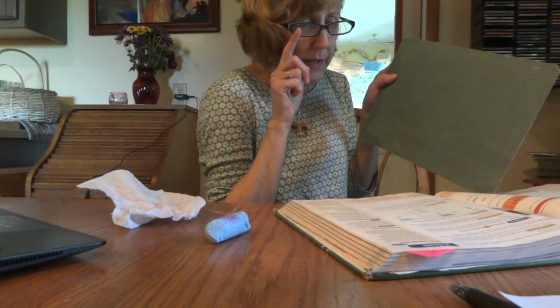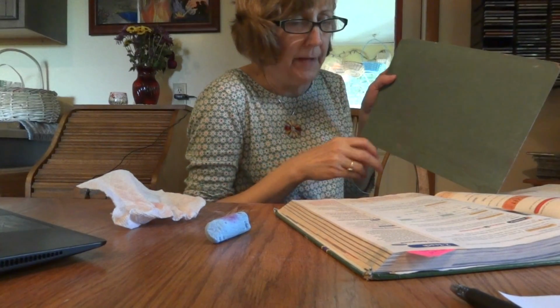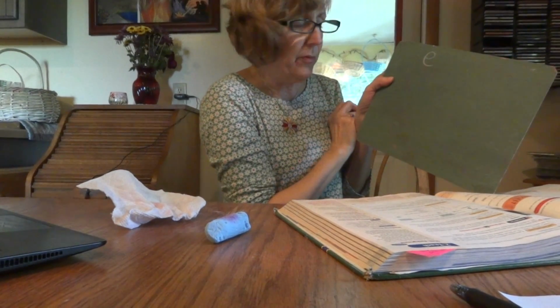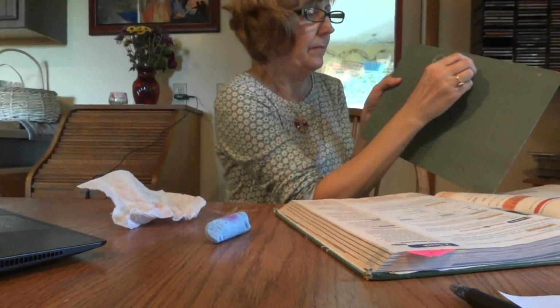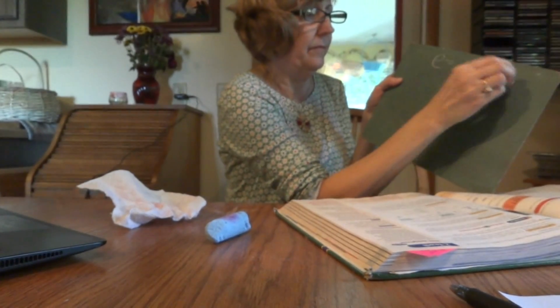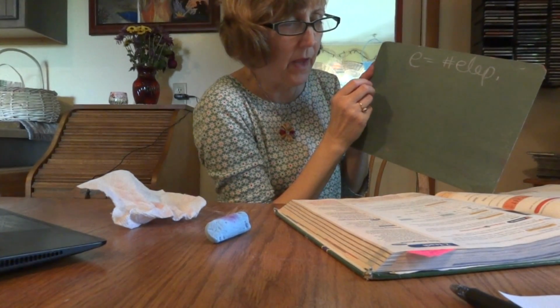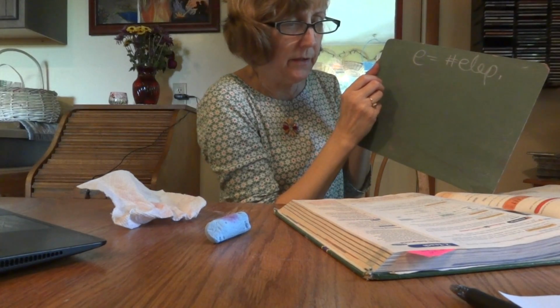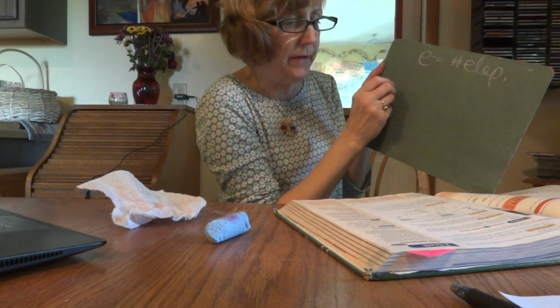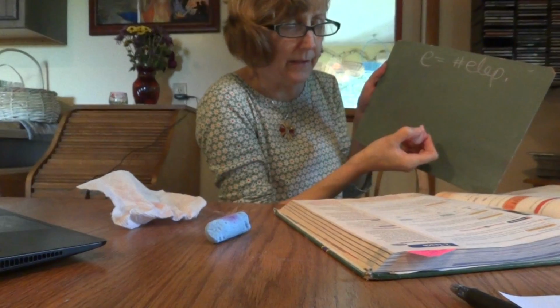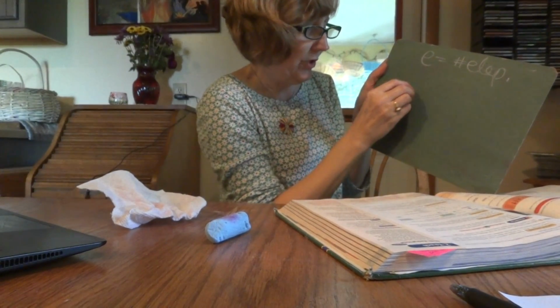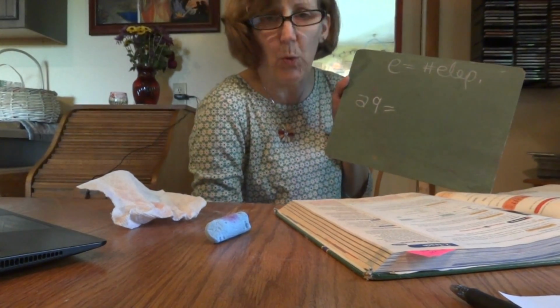So all we know is what we don't know, how many elephants. So I'm going to use E for the number of elephants. All right, so we know that the number of ostriches is 29. Is always means equals.